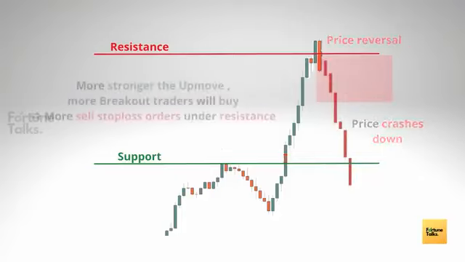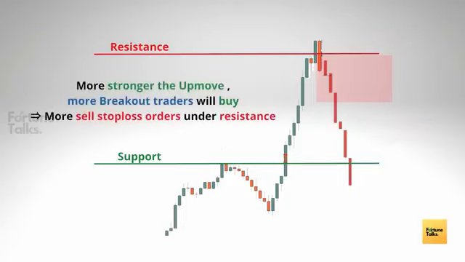Now, the stronger the bullish move is into the market structure, the more breakout traders will enter the trade and there is more buying, and more buying in turn means more sell stop loss orders behind the resistance. And if the price reverses towards the downside, it will hit all the sell stop loss orders of these breakout traders.